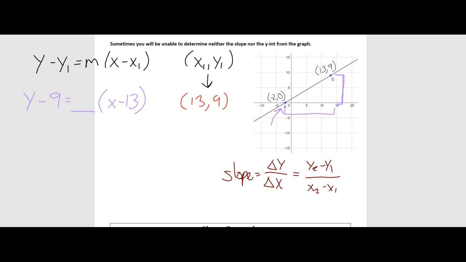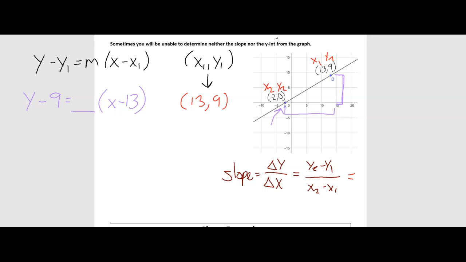Where do you think we get our x1, y1 and x2, y2? From these points. We already labeled our x1 and our y1. Now I just need to label my x2 and my y2. This formula works for any 2 points that are on the line, because the slope will be the same between any 2 points.